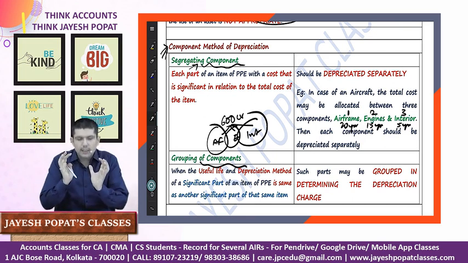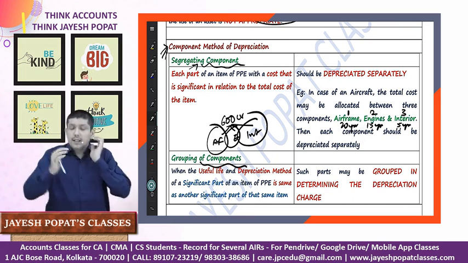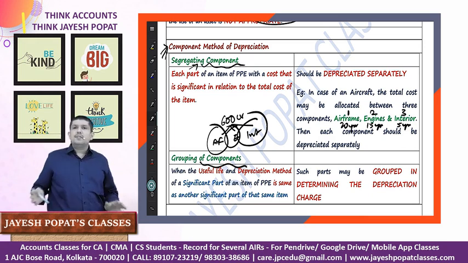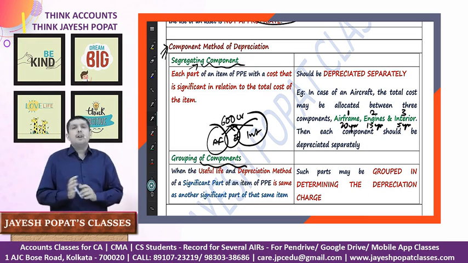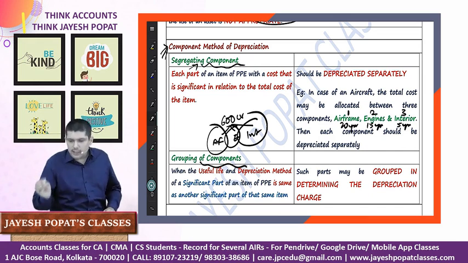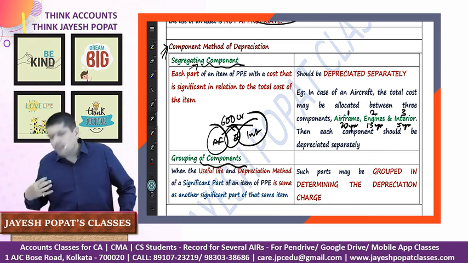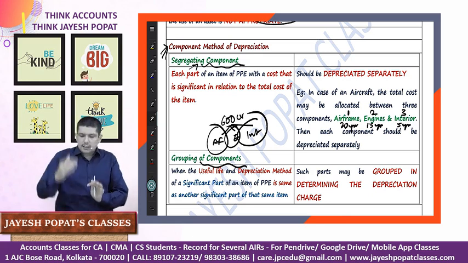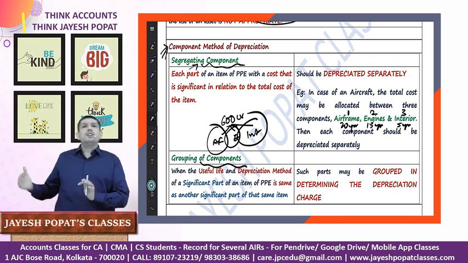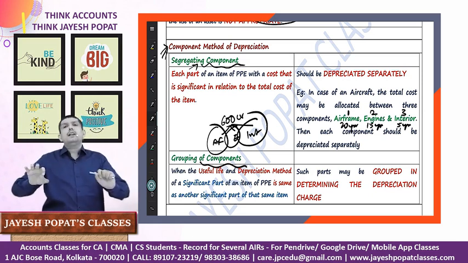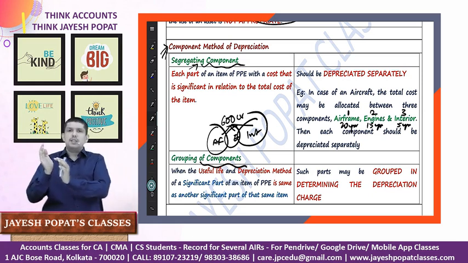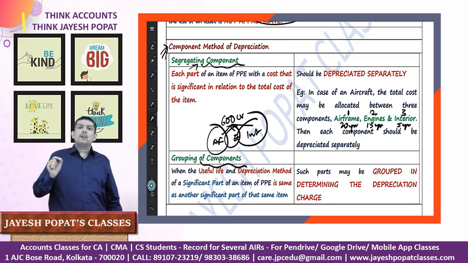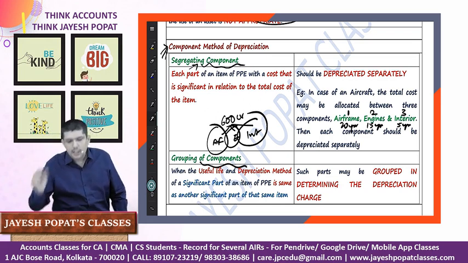The cost of that single unit is 600 crore, but the significant components of the airplane have significantly different useful lives. The external body has a useful life, for example, of 20 years, the engine 15 years, and the interiors 5 years. So you cannot depreciate the entire 600 crore on the basis of either 20, 15 or 5. You need to allocate the cost between the three significant major components, and depreciate each significant major component based on its respective useful life.